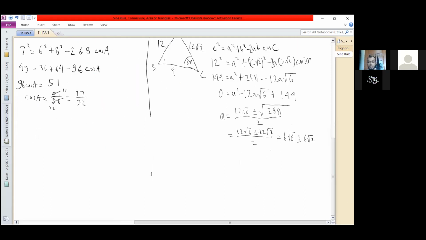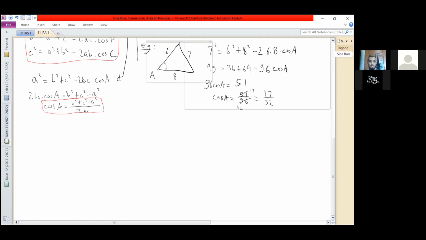So yeah, just like before. So for example, if you have something like this, how to find the area? So for example, if we have a triangle, not a right triangle, and you only know the sides.